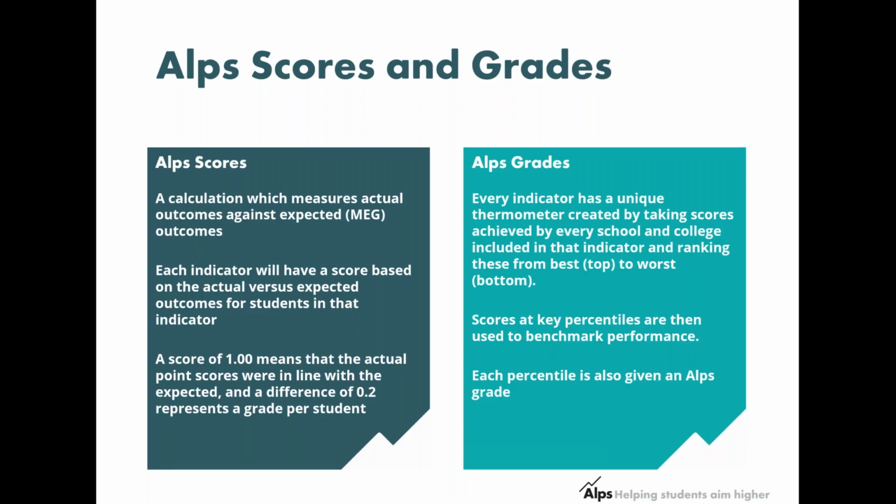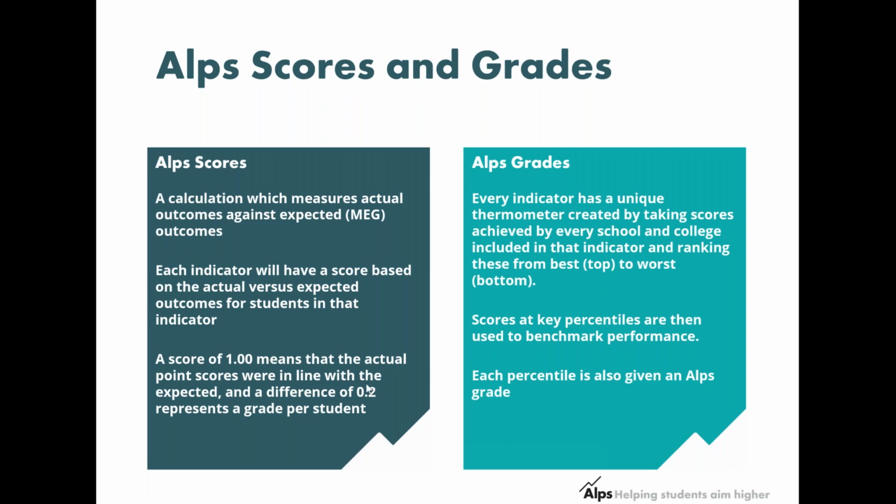Now then, each indicator has got a score and a grade. So you have got an Alps score. Now remember I said a long time ago that the score rotates around 1.00. So if everybody gets their minimum expected grade, then you have a score of 1.00 for that indicator.